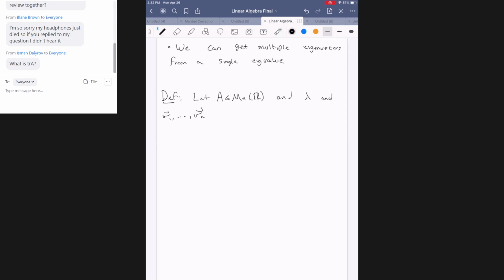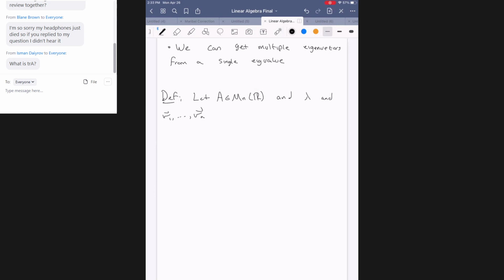Remember how we solve our system? If you get two free variables, you're going to get a v1 with a vector plus a v2 with a vector, because those two would be free. So those two would be the eigenvectors. It's like solving the system. But if you don't know what I'm talking about, we'll see examples.